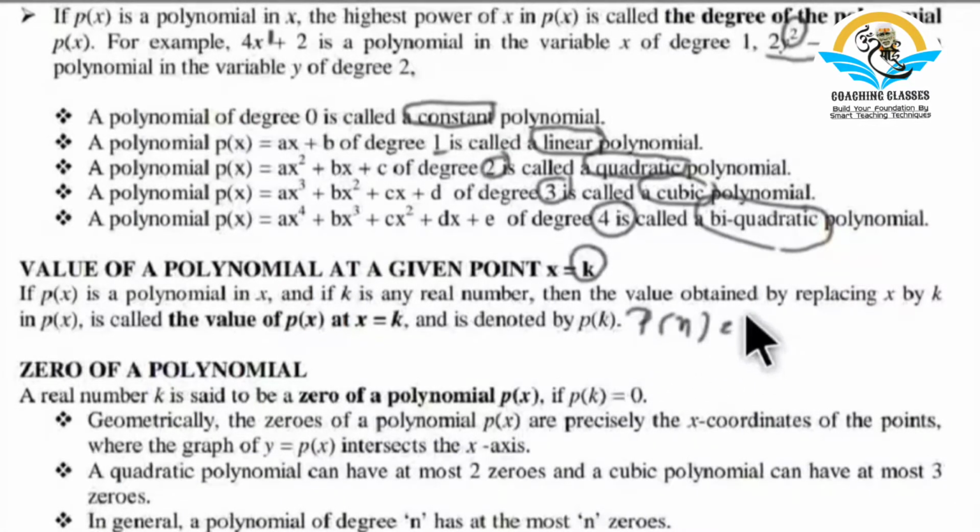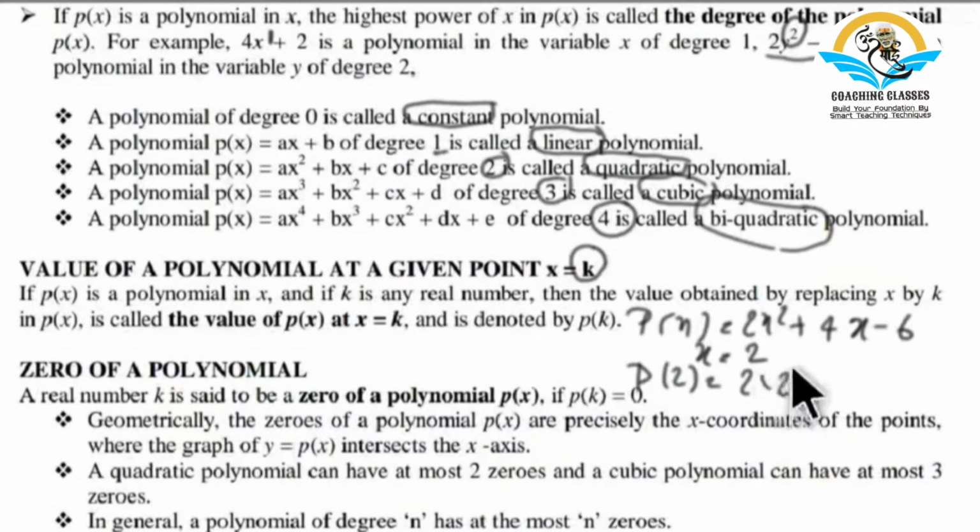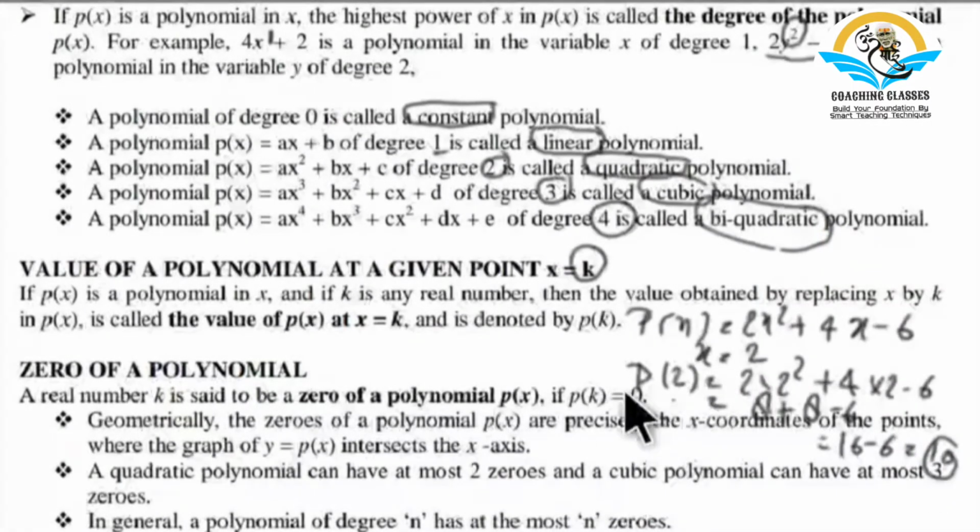Let us suppose p(x) is 2x square plus 4x minus 6, and you have to find the value at x equal to 2. Then simply you put x equal to 2. You get 2 into 2 square plus 4 into 2 minus 6, that is 8 plus 8 minus 6, 16 minus 6 equal to 10. This is your value at x equal to 2.